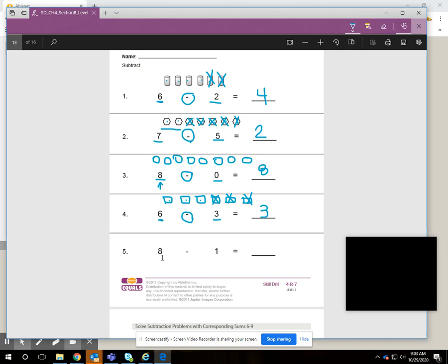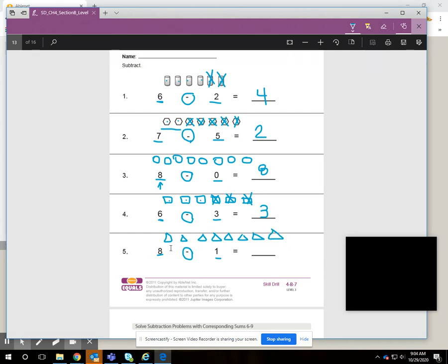Okay, last one on this worksheet. I have 8 as my beginning number. I'm going to take away 1. So let's try triangles this time. Ooh, that's hard to draw. 1, 2, 3, 4, 5, 6, 7, 8.